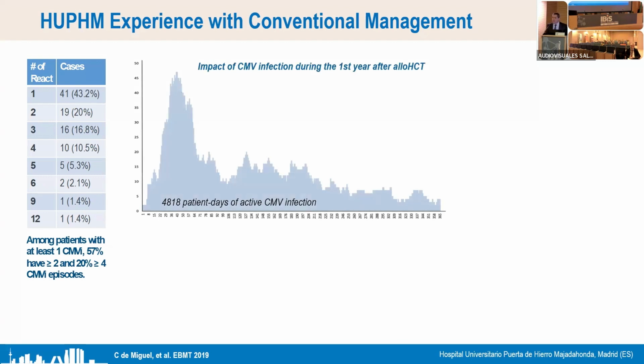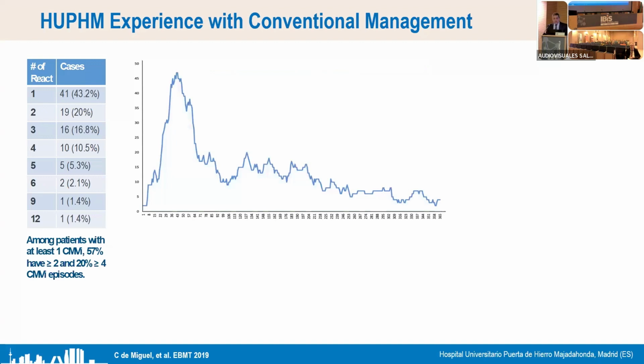Then we made a homemade, cartoonish way of representing this. Each little blue square is a patient on active treatment for CMV at any day after transplant, and that's the curve that you get. If you look at the curve, you get a first peak that is fairly early on, and this is what is registered in most of the registries and most of the studies.